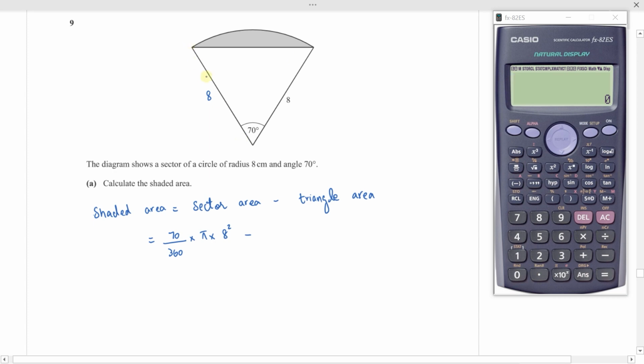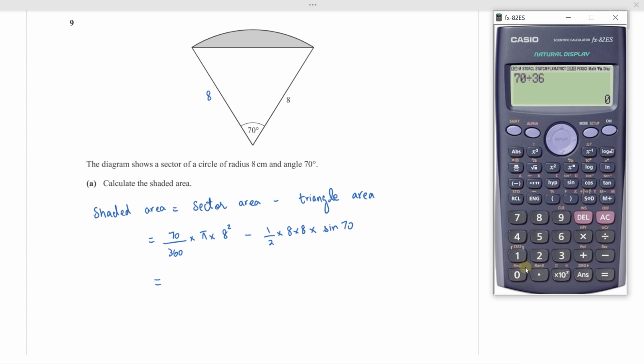So I know the two sides of the triangle and I know the angle between them. So the area will be 1 by 2 times this side multiplied by this side, 8 times 8, multiplied by the sine of the angle between them. So sine of 70. So let's calculate this. 70 divided by 360 multiplied by pi times 8 squared, which is 64.